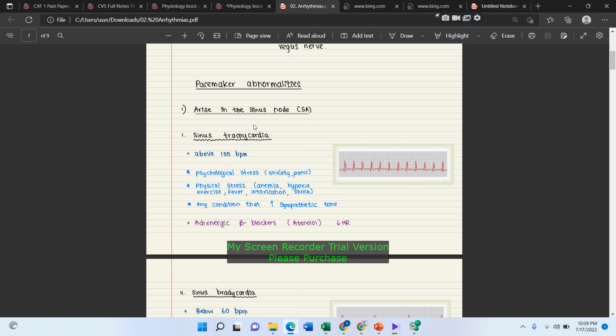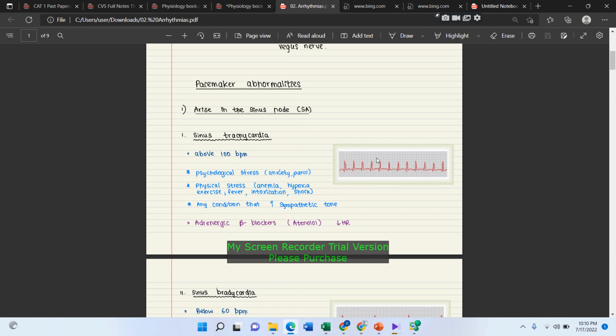Fever, intoxication, and shock also cause it, and any condition that increases sympathetic tone causes sinus tachycardia. So it's actually a normal condition. When your sympathetic tone increases, it is not really pathological. If the heart rate is about 100 beats per minute or above, we call it sinus tachycardia.